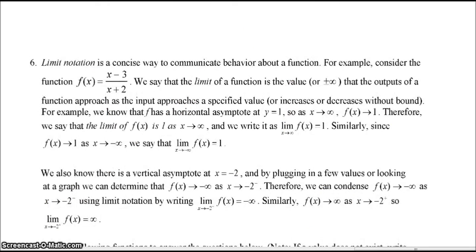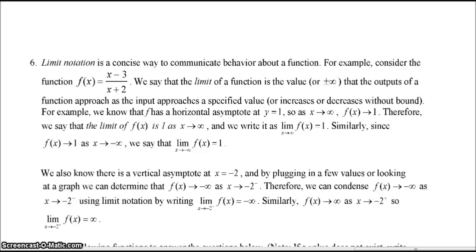Limit notation is a concise way to communicate behavior about a function. For example, consider the function f of x equals x minus 3 over x plus 2. We say that the limit of a function is the value, or positive and negative infinity, that the outputs of a function approach as the input approaches a specified value, or increases or decreases without bound.